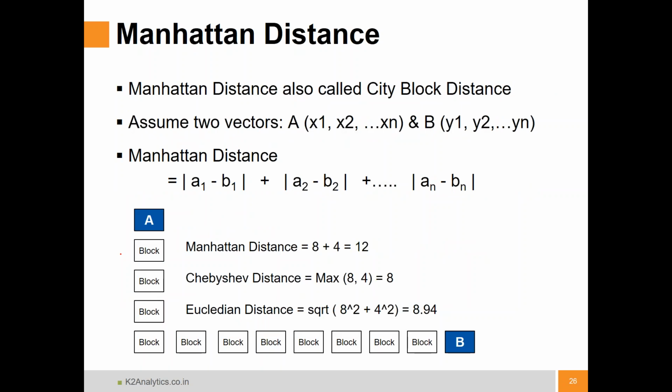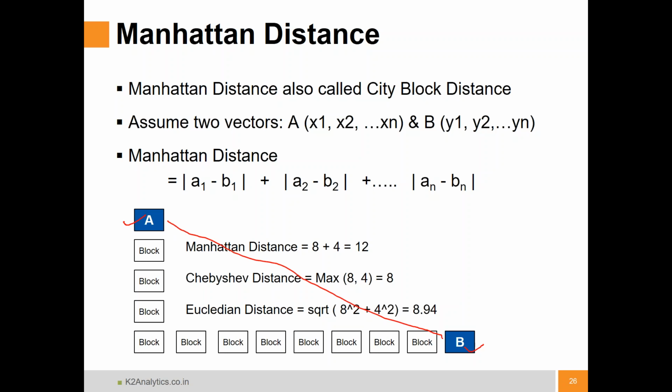Finally, we have city block distance, Manhattan distance. What it simply says is that if I have to move from a block A to a block B, I have to see the actual path that I have to traverse. For example, I have a block A here and a block B there, say two buildings in a town. If there is no road directly between them, there is no use of having a Pythagoras distance.